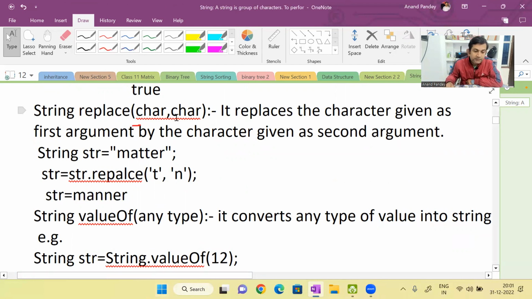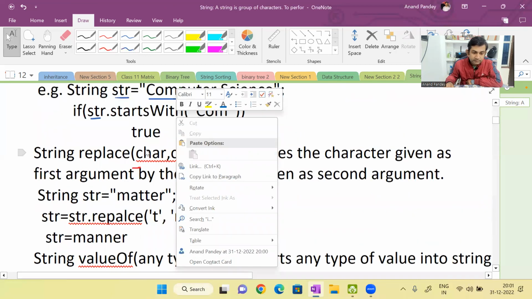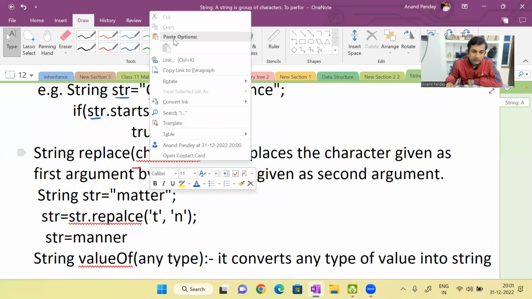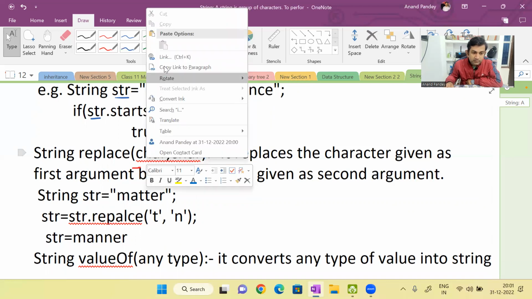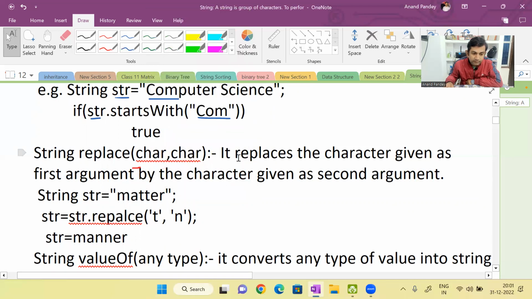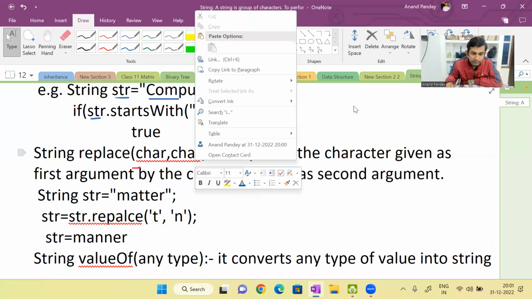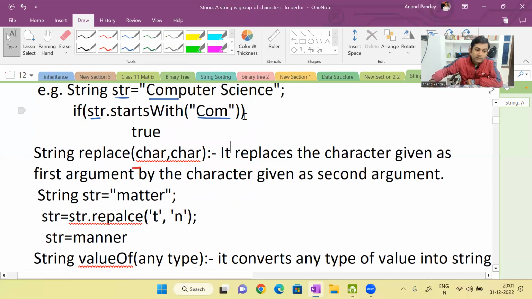Now replace function. See this function. String replace char. It replaces the character given as first argument by the character given as second argument.